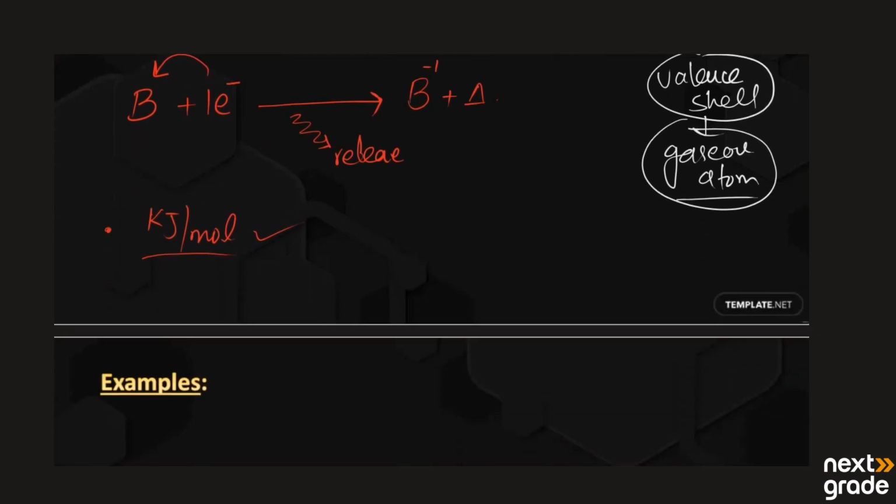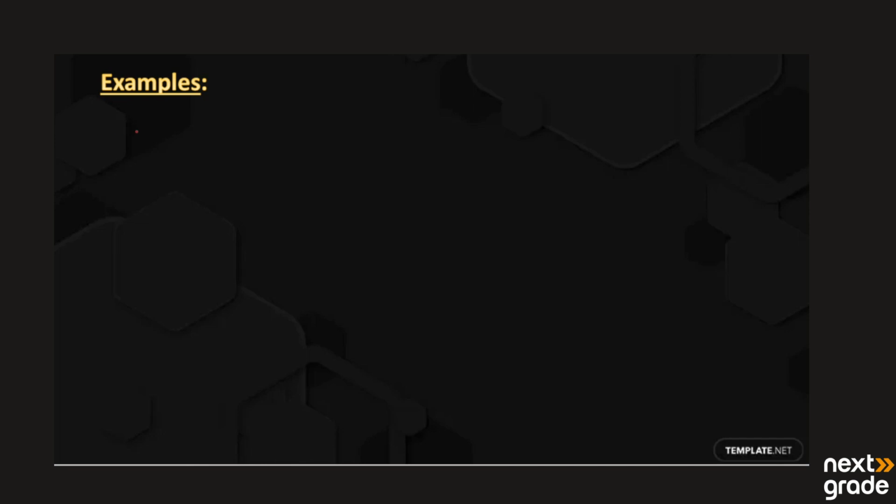Next we have examples related to electron affinity. Chlorine is from group 7A. It has 7 electrons in its valence shell, and it needs one more electron to complete its octet. By adding one electron in the valence shell of the chlorine atom, we get chlorine -1. Before the addition of the electron, its electronic configuration is 2, 8, 7, and after that it will be 2, 8, 8.